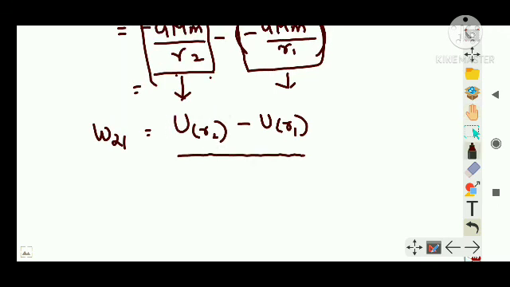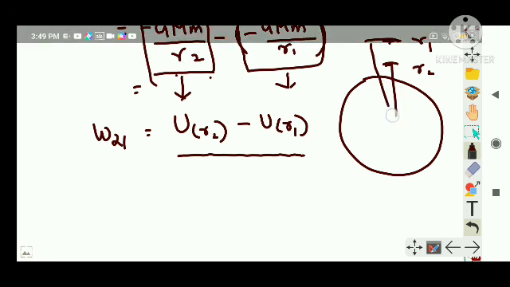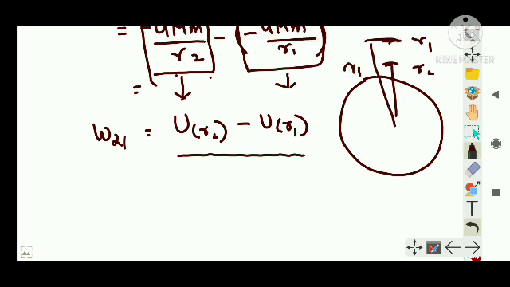That's better, because in the previous figure I talked about this as the initial position and this as the second position, and I told you this is r1 and this is r2. Let us remove the intermediate position, meaning this position I'm going to remove.